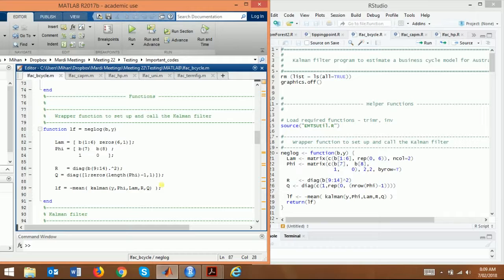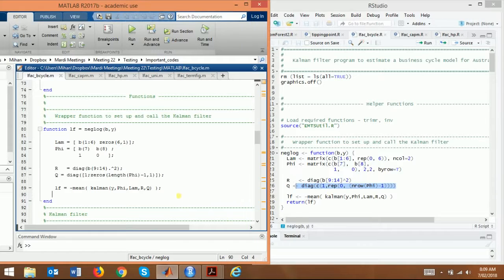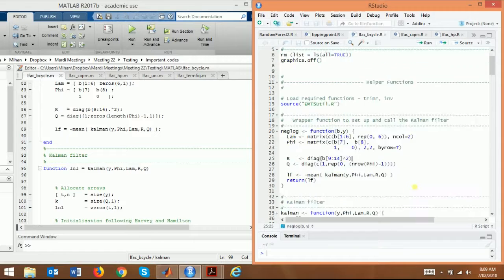We could have simply written it manually, but this is a technique. Whatever the length of phi is, minus 1. Length gives you the maximum dimension.